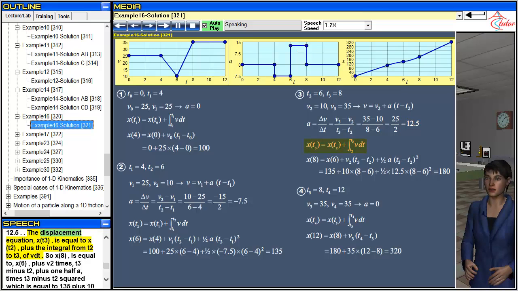The displacement equation, x at time t3, is equal to x at time t2 plus the integral from t2 to t3 of v dt.